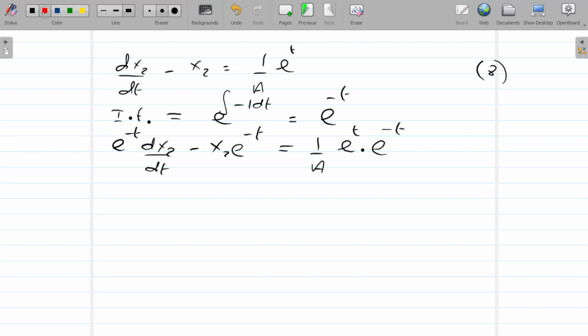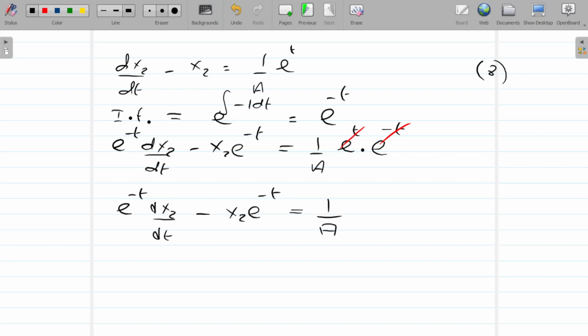And of course, you can see that that cancels with that. And so what we're left with is e to the minus t dx2 by dt minus x2 e to the minus t equal to 1 over a.